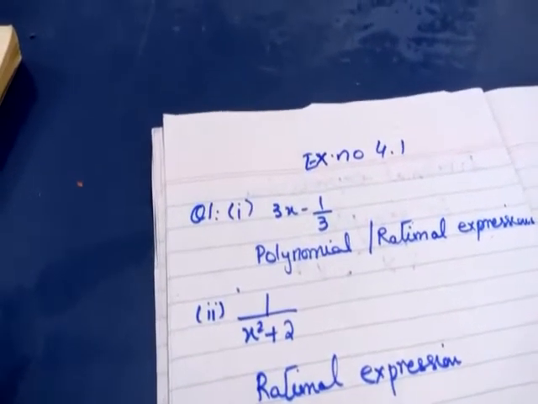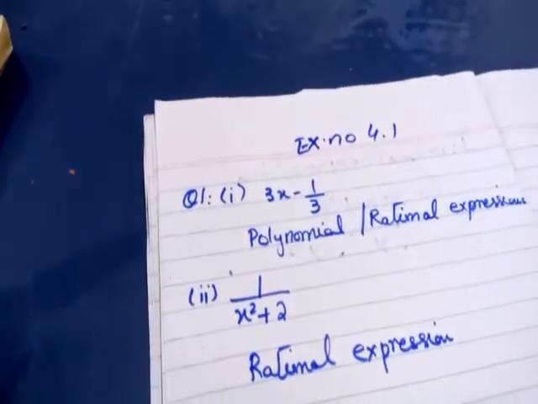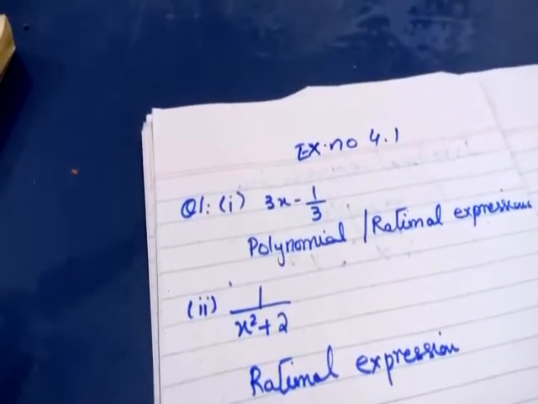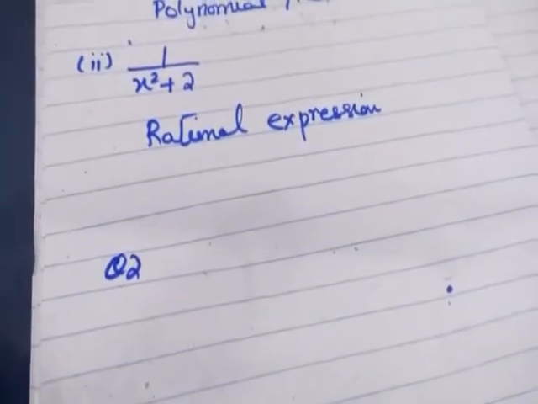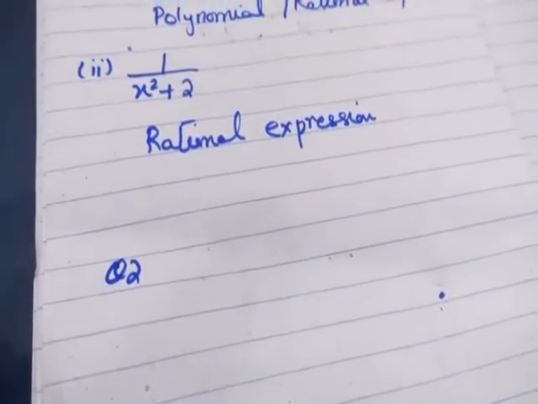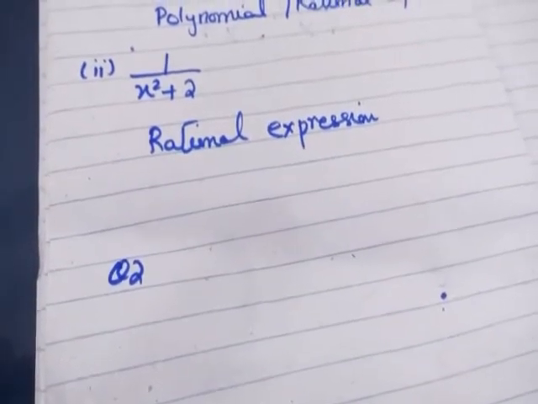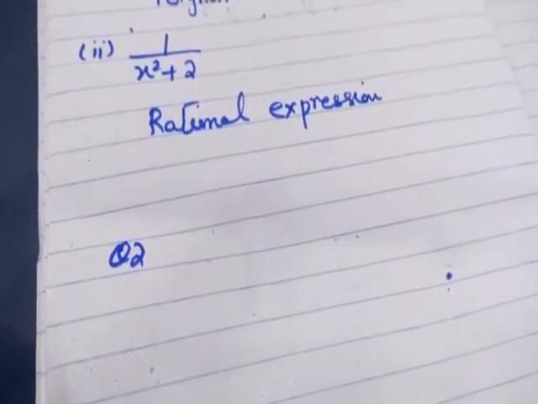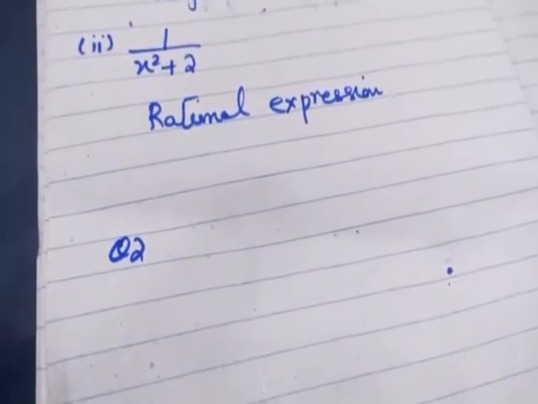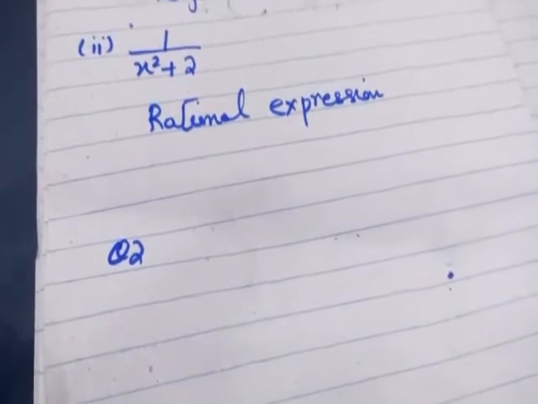Now we are proceeding to the next question, that is question number 2. Question number 2 is actually related to polynomials. You have to identify whether the given parts in question number 2 are polynomials or non-polynomials.